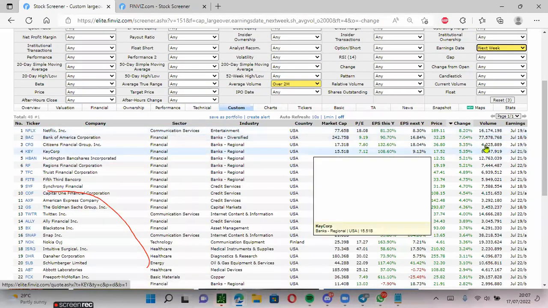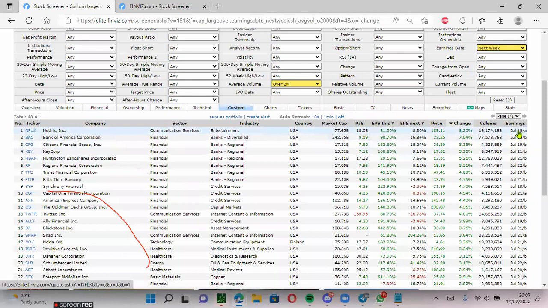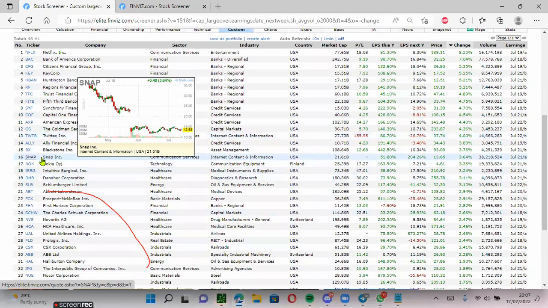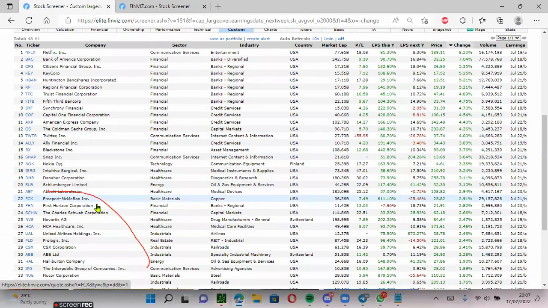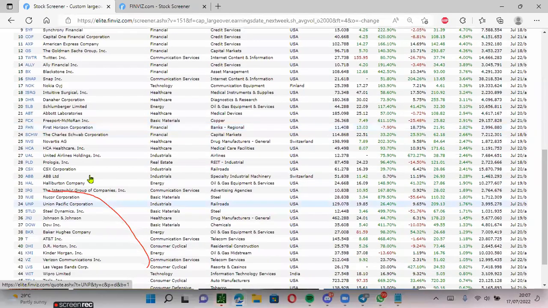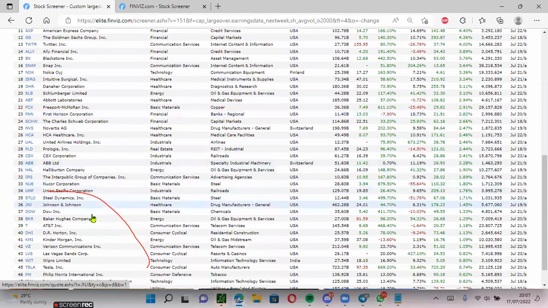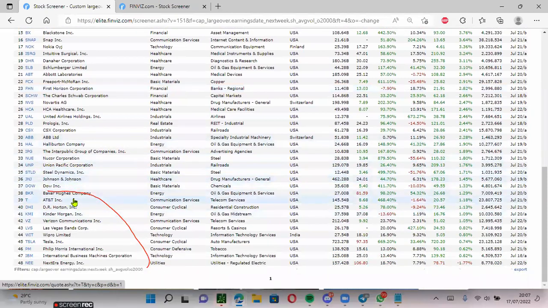Netflix, July 19th, and Twitter, Goldman Sachs, Snap, Freeport, that's also a copper one, Novartis, AT&T, Deere.